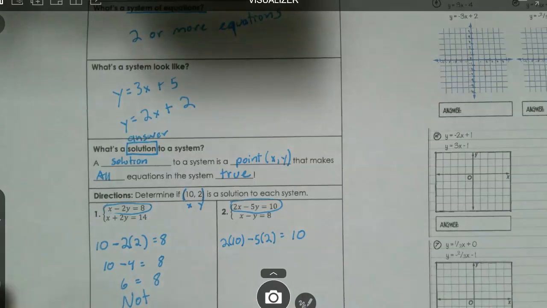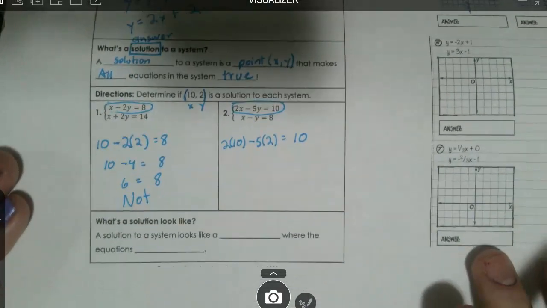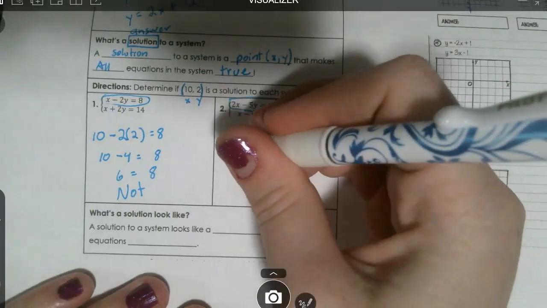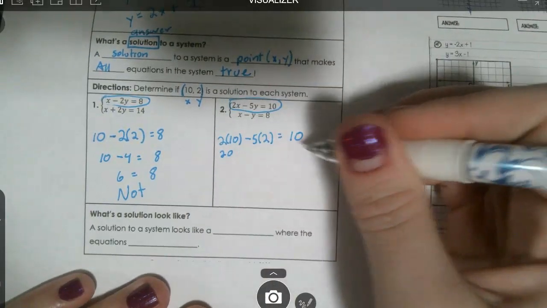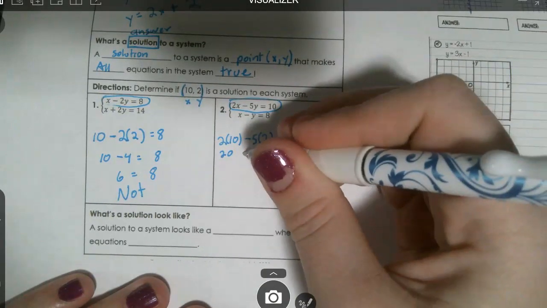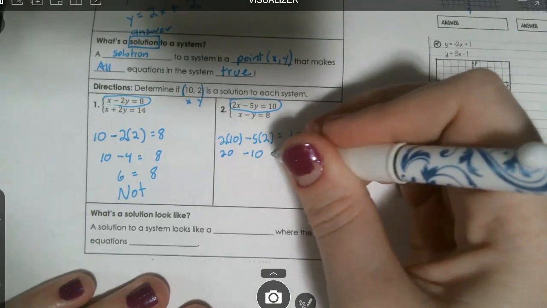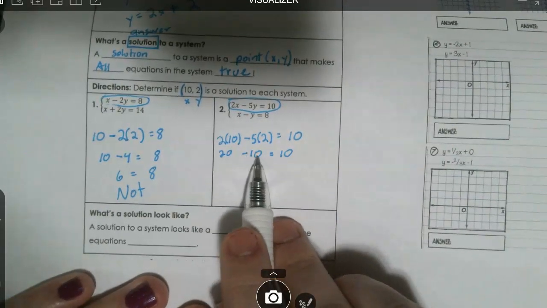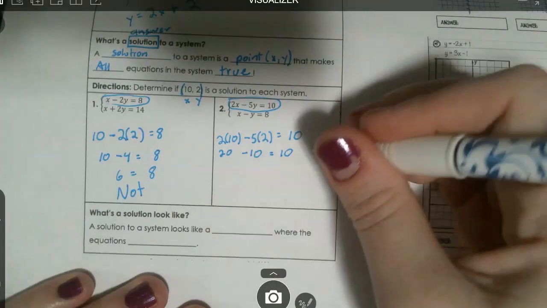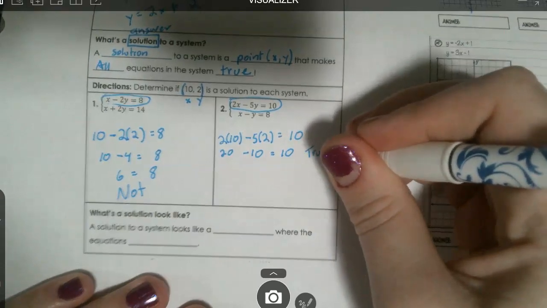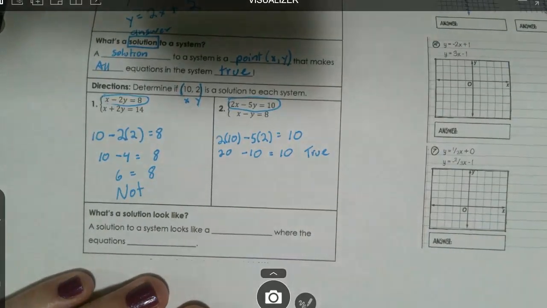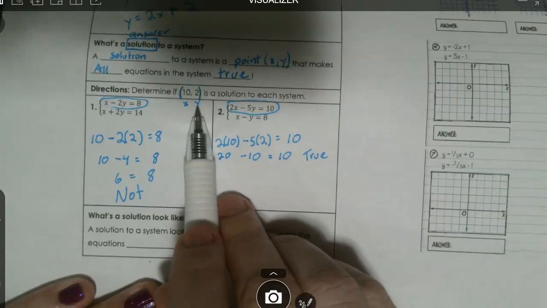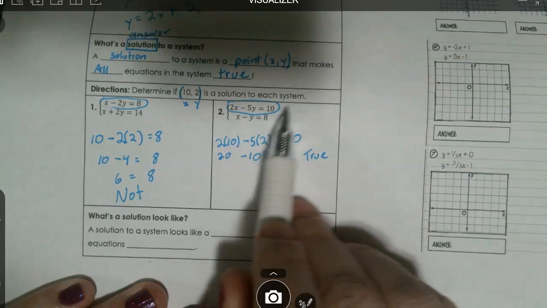Let's see if this is true. 2 times 10 is 20. Negative 5 times 2 is negative 10. Is 20 minus 10, 10? Yes, this is a true statement. So that means that this point is a solution to this equation.